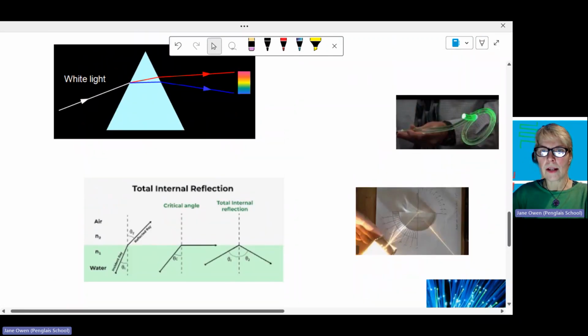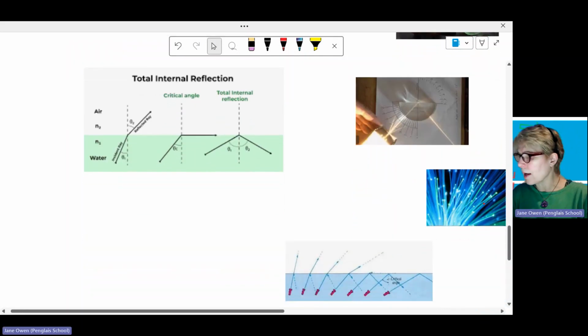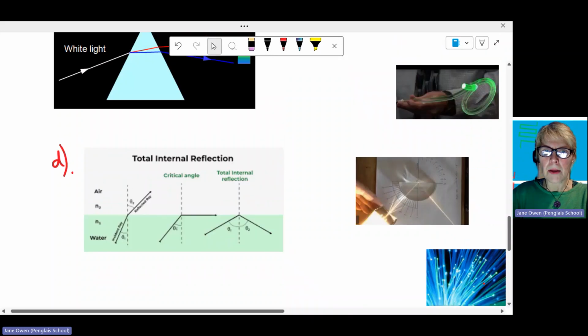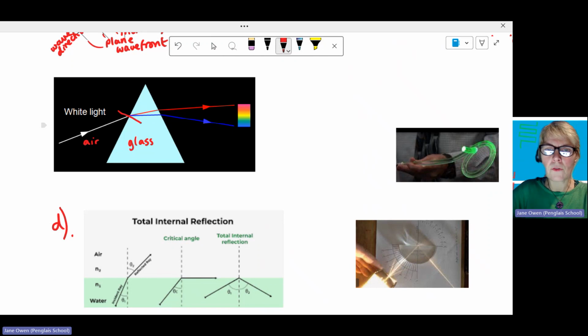So let's have a look now. This is the point where we need to explore total internal reflection, which is part D. Now, if we've got a situation where light is going from air into glass, then it's always going to be the case that the light will bend towards the normal, and there's always space to do that.